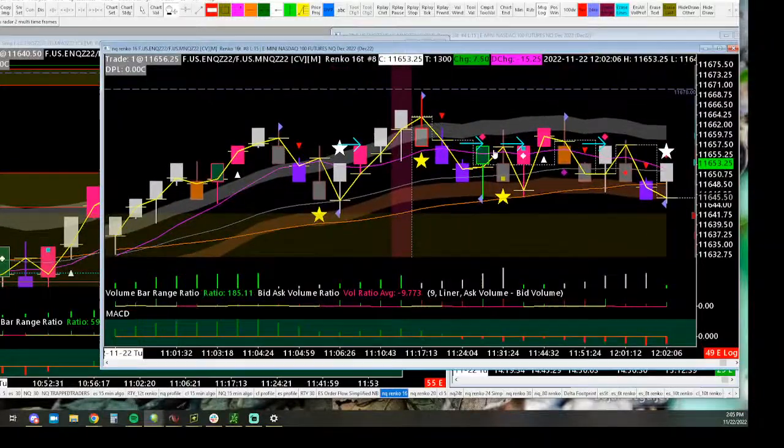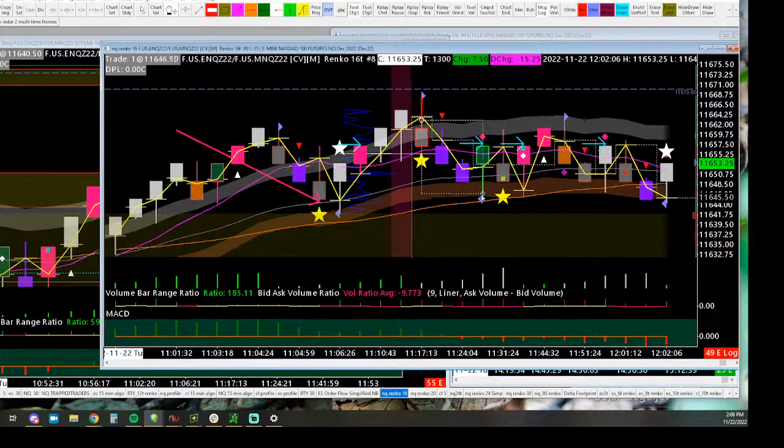So here, what we have: trapped seller, extension, right? Look where volume is, to the high, way up here. And then look where volume is on the way off the high. The way off the high is here, and volume is there.